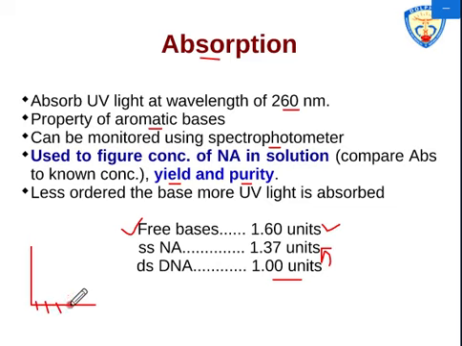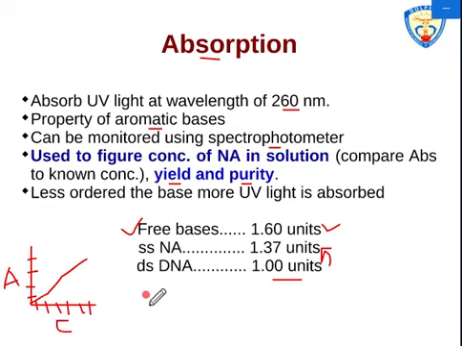So on the x-axis we plot known concentrations of the DNA sample, on the y-axis we plot the absorbance, and we plot a curve with the line passing through the origin. This curve is known as a standard curve.